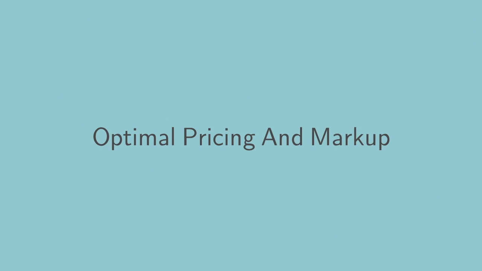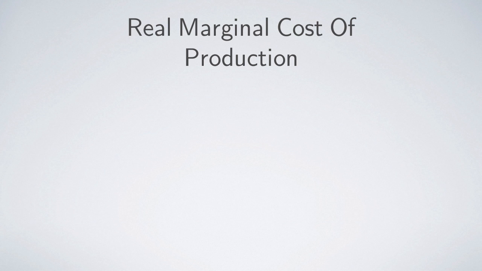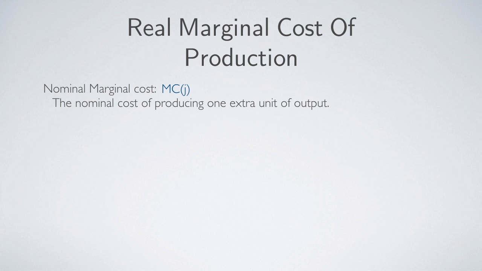Now we want to understand optimal pricing and the concept of markup under an imperfect competition market. To discuss pricing, we need to know the cost of production structure for the firm. We want to introduce the concept of real marginal cost of production. We start from the nominal marginal cost, which is the marginal cost, capital MCJ, for producer J. It is basically what we learned in other courses: the nominal cost of producing one extra unit of output.